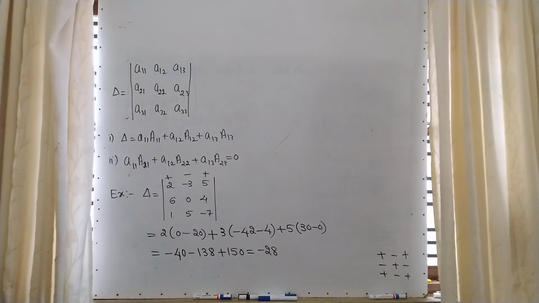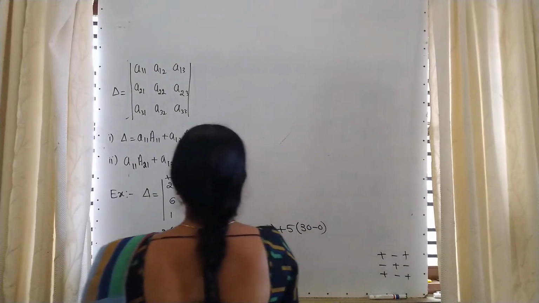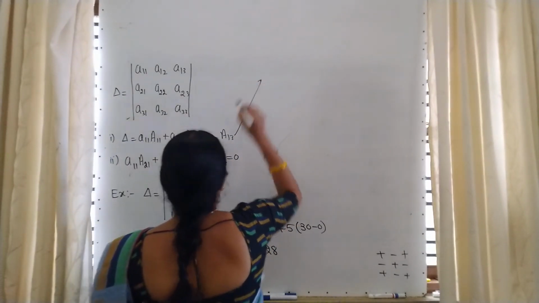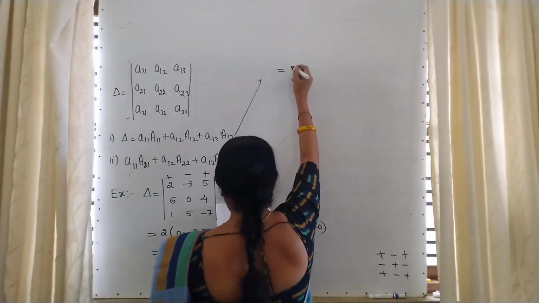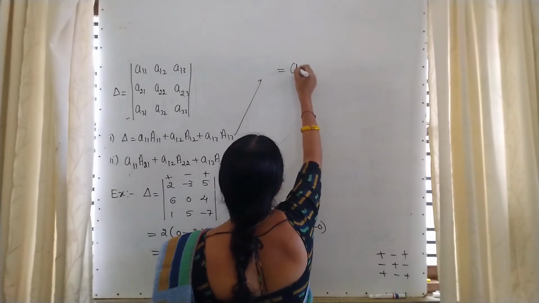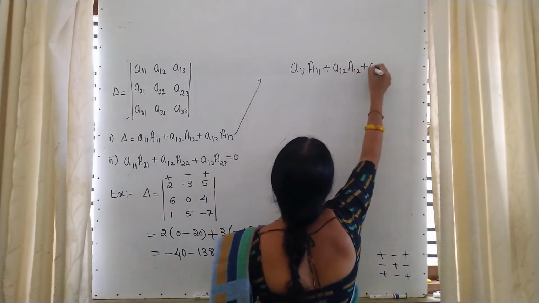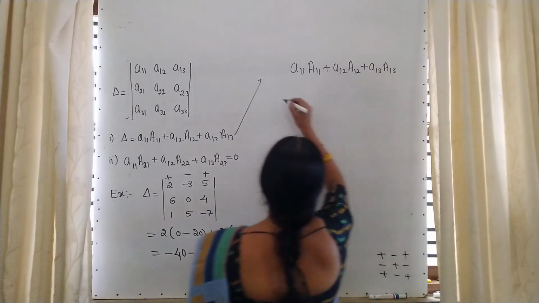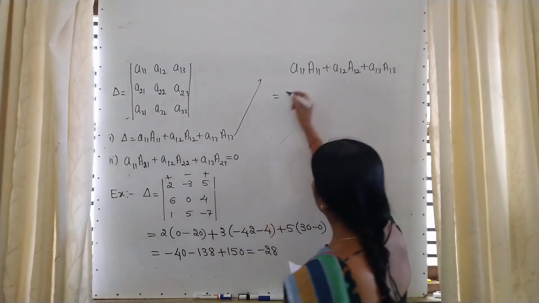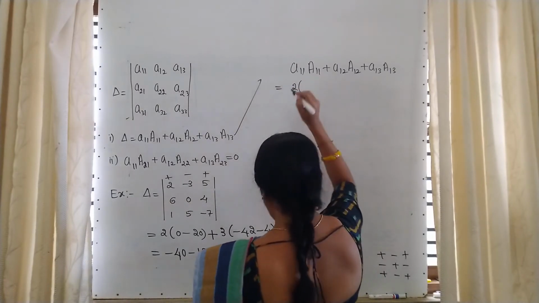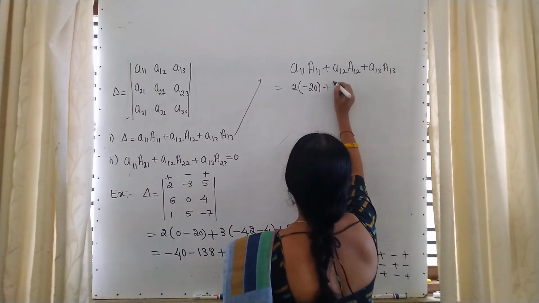So what does the first property tell you? The first property, this I am using. So I am writing the first row with corresponding cofactors. What is A11? First I will write that property. Write down those values. 2, minus 3, 5 with A11, A12, A13. The corresponding cofactors we calculated, that is minus 20, plus A12 is what?